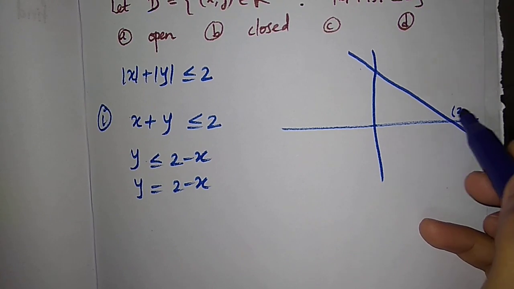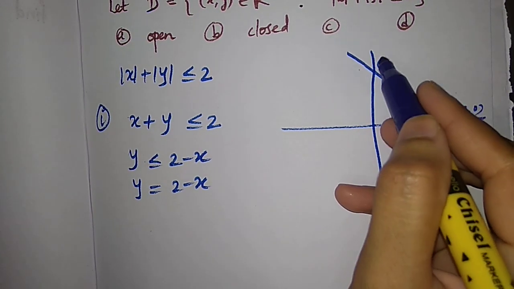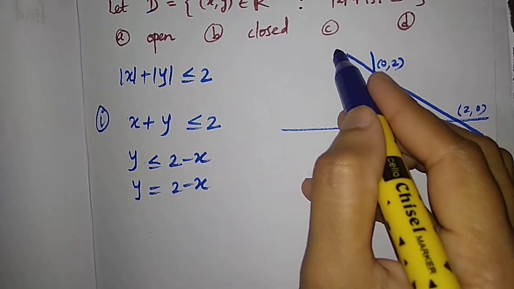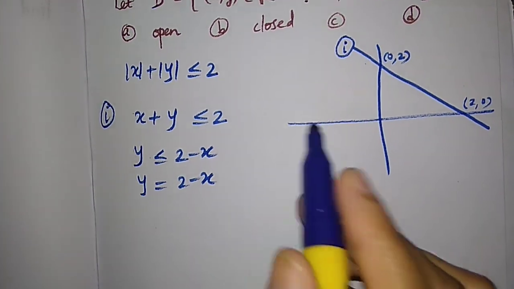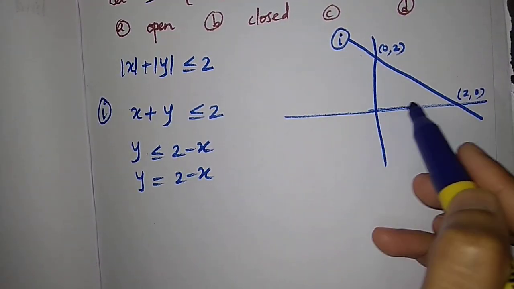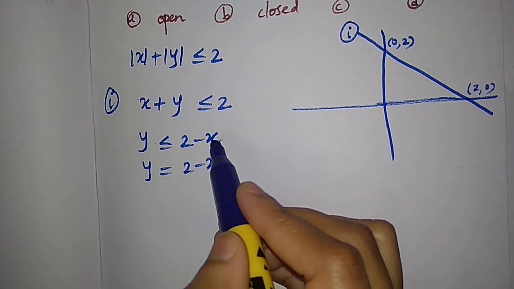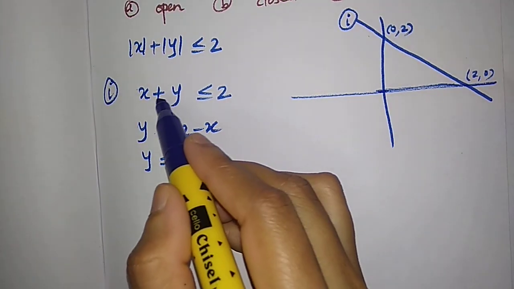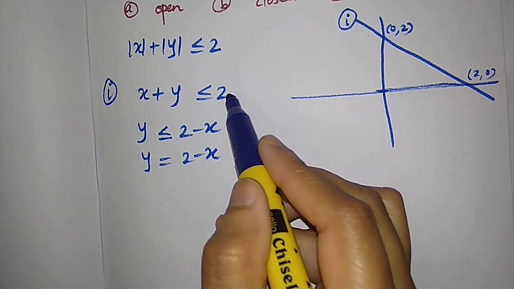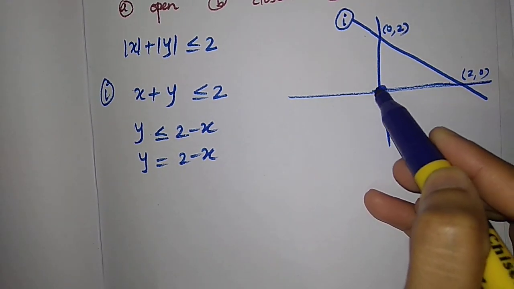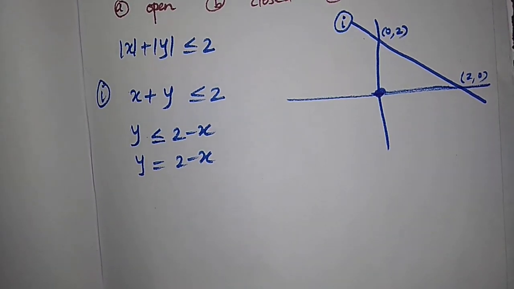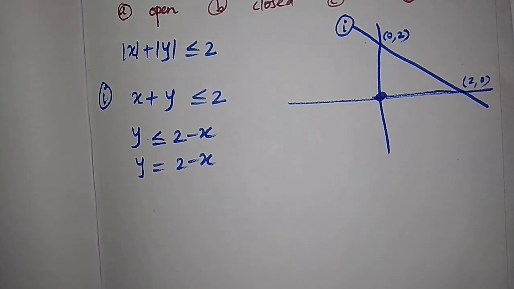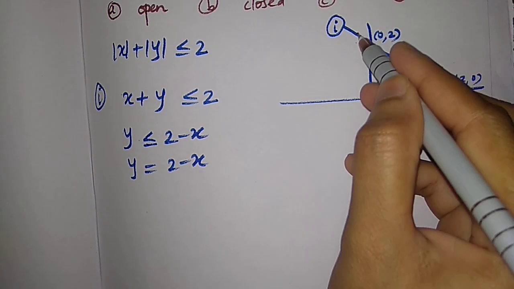It is 2 comma 0, this is 0 comma 2. So this is the straight line, and now see here, this 0 comma 0 satisfies this inequality because 0 plus 0 is less than or equal to 2, and 0 lies here. So from this we get this region.